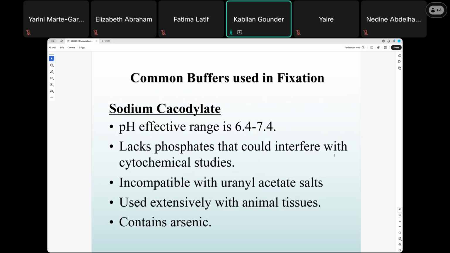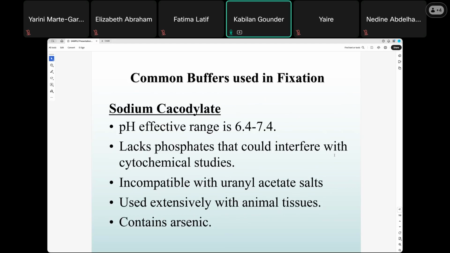One of them is sodium cacodylate buffer. This buffer is effective in the pH range of 6.4 to 7.4. This buffer lacks phosphates that could interfere with cytochemical studies.